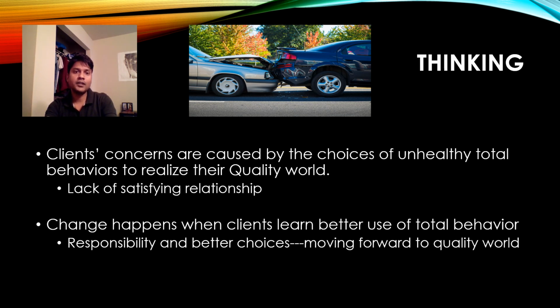So the feeling and physiology components of the total behavior just follow where the front wheels take them. The engine that makes the front wheels move is the quality world, and the destination we want to reach symbolizes our basic needs. So if you do not drive carefully, or in other words, if you don't choose your total behavior carefully, you may meet with an accident and damage the car.